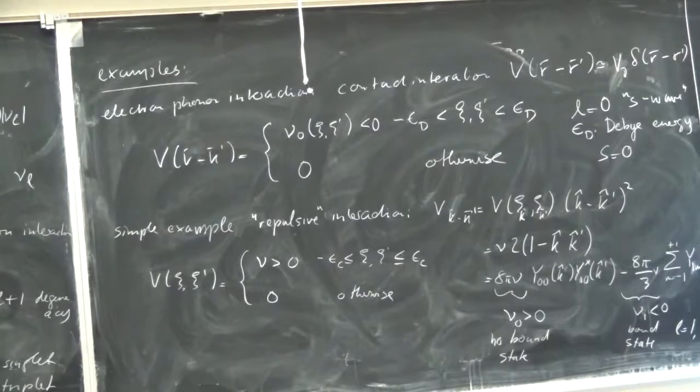This is just an exercise to show, in the same way as the Cooper instability was shown for the S-wave channel, that the normal metal, when we have an attractive interaction, is unstable. For more general interactions, it can be unstable in any other kind of angular momentum channel, at least in the case when we assume spherical symmetry, so that we can use angular momentum as a good quantum number to classify the states.